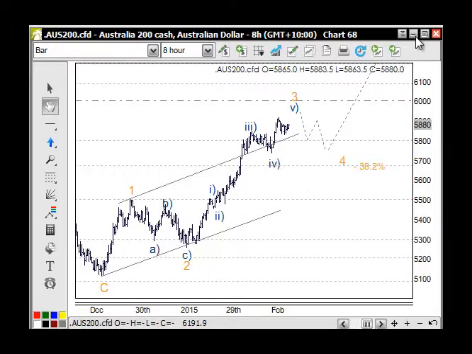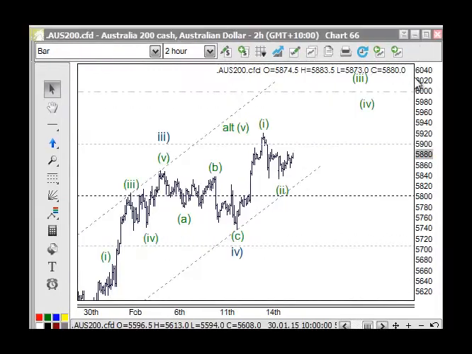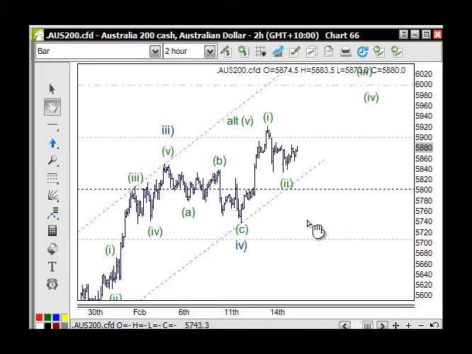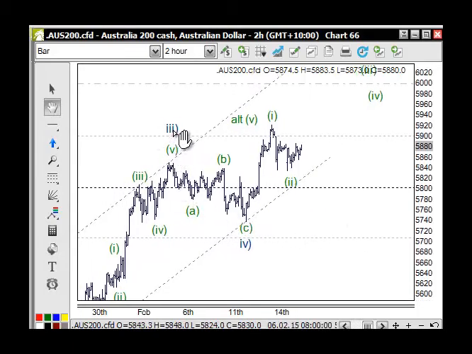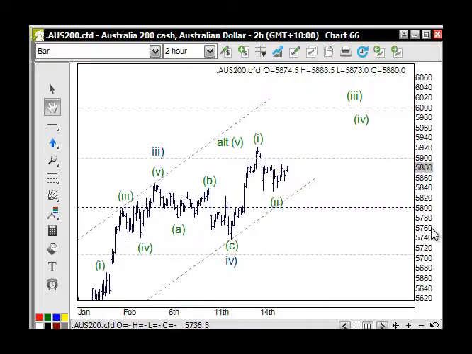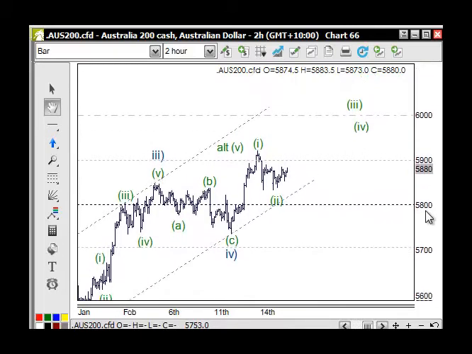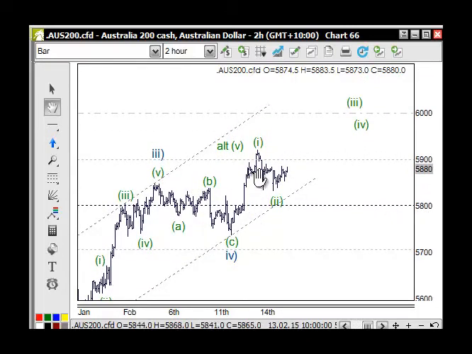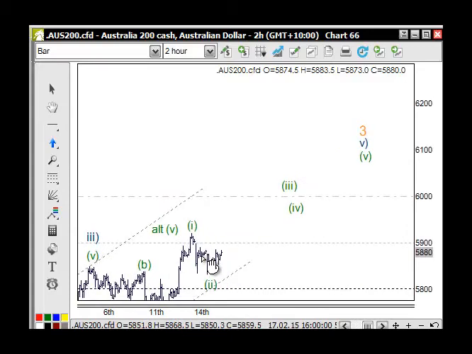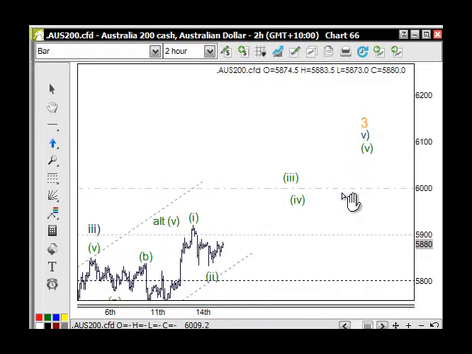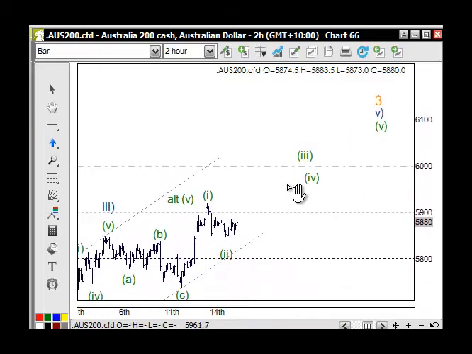Okay, so let's just go in and have a bit of a look at that. What I have so far is that we've got wave 3 here, wave 4 here, and we're looking for wave 5 to the upside. With wave 5, it's wave 5 of 3, which I do have up here at the moment. This is the other scenario that we're looking at.